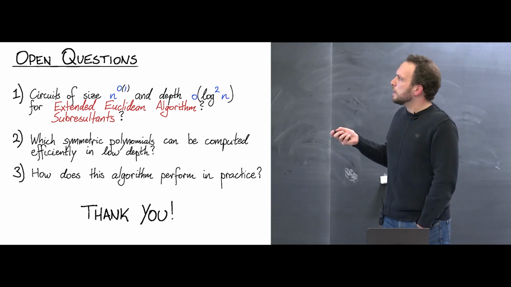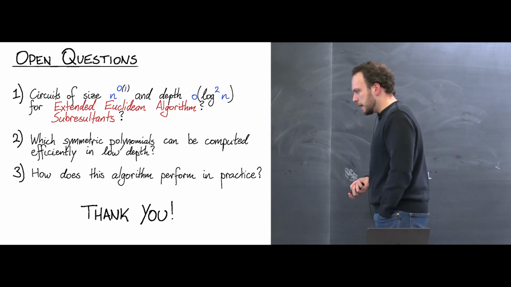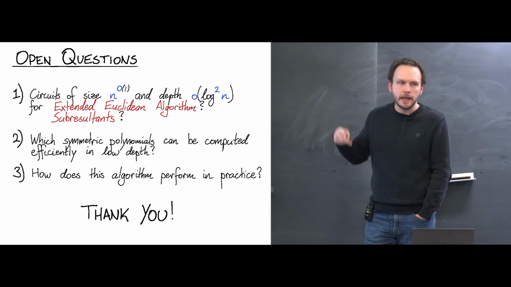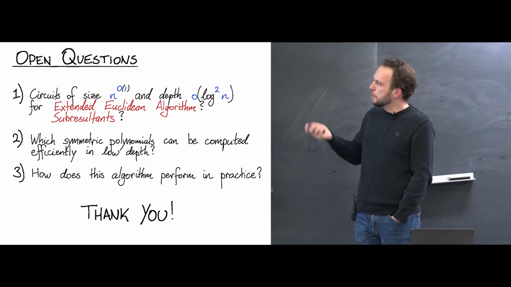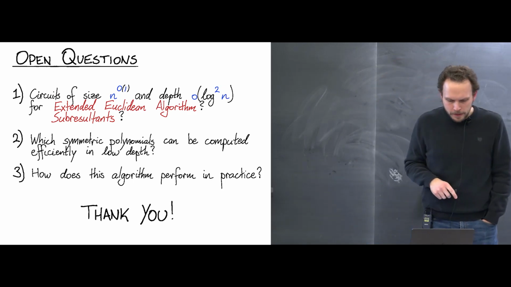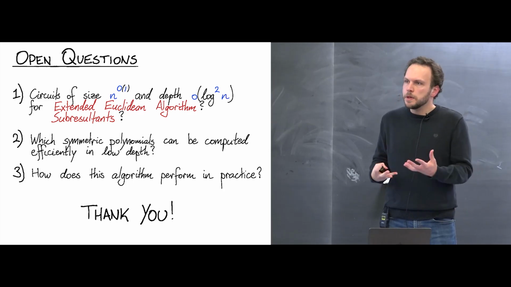Can you do better? Can you beat that log squared n? We don't know how to do this, and in fact, we have some follow-up work that says you can't get constant depth for this kind of task. And for the experts in the room, really I'm asking about, can you compute subresultants in better than log squared depth?